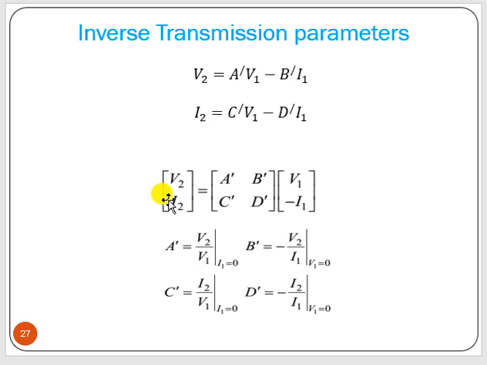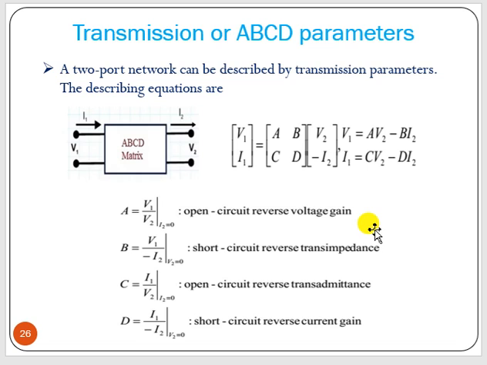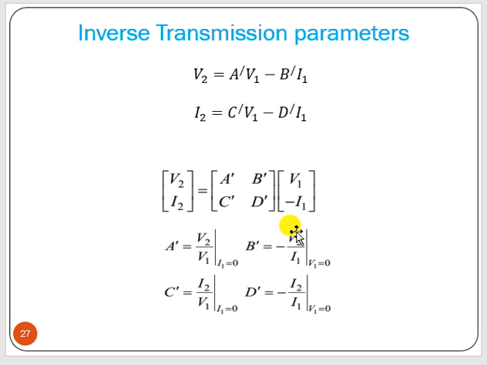So what we are doing here is open circuiting and short circuiting the input port, and here we are open circuiting and short circuiting the output port, with V as V2 and I2 as 0. So this is how we can remember all these eight two-port parameters.